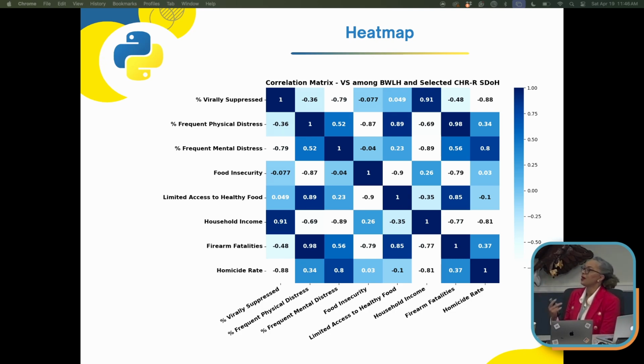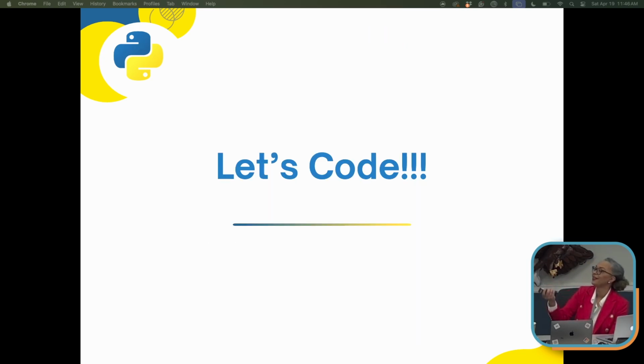On the flip side, you can see the homicide rate. If you live in an area where there are a lot of homicides, that is profoundly inversely correlated with viral suppression, which means that if you have an area with high homicide rates, you probably also have low viral suppression, which isn't good. We want people to be virally suppressed. This is a great way to see how different things correlate, called a correlation matrix, and we're actually going to build this one today.